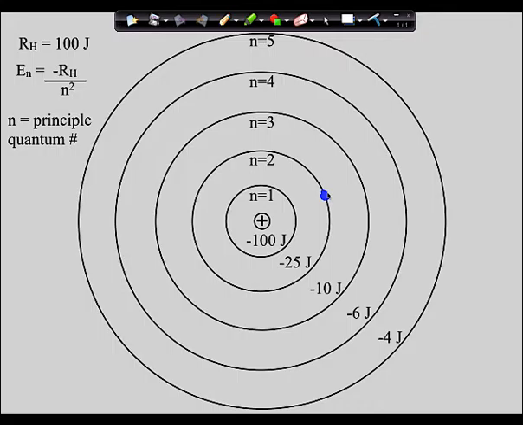And if you can wrap your head around that idea, because that energy is imparted by something else, we understand that it's negative because we're thinking of it as an attraction to that nucleus. Because it's an energy of position due to attraction, maybe then we can wrap our mind around the idea that it's negative because it's relative to the thing that's imparting the energy to it.